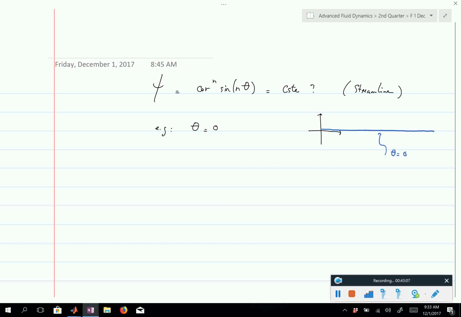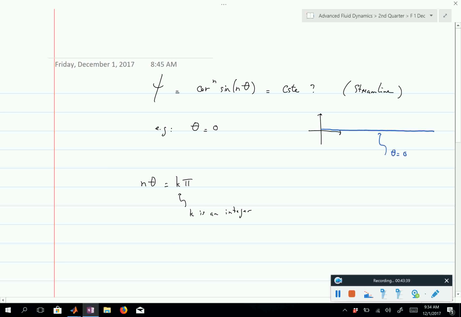Yeah? So actually the general form would be just n theta. If this angle here is 0, pi, 2 pi, 3 pi, 4 pi, 5 pi, any of these, the sine is always going to be equal to 0. So if n theta is equal to any k pi, where k is an integer, then I have a streamline.